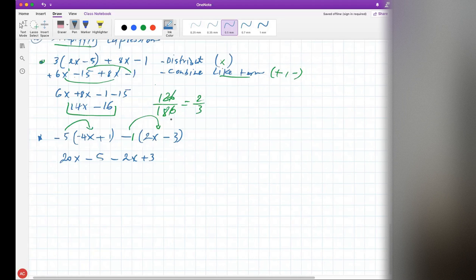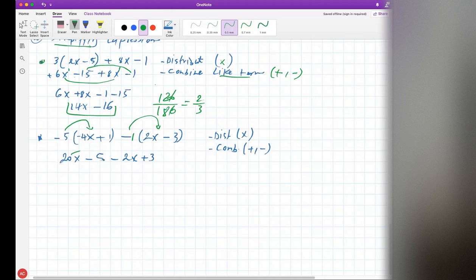And now, once we distribute, the next step is to combine your like terms. So here we multiplied, now we're just going to combine, add and subtract. You may write them next to each other, or you can just add them right away without even writing them next to each other.